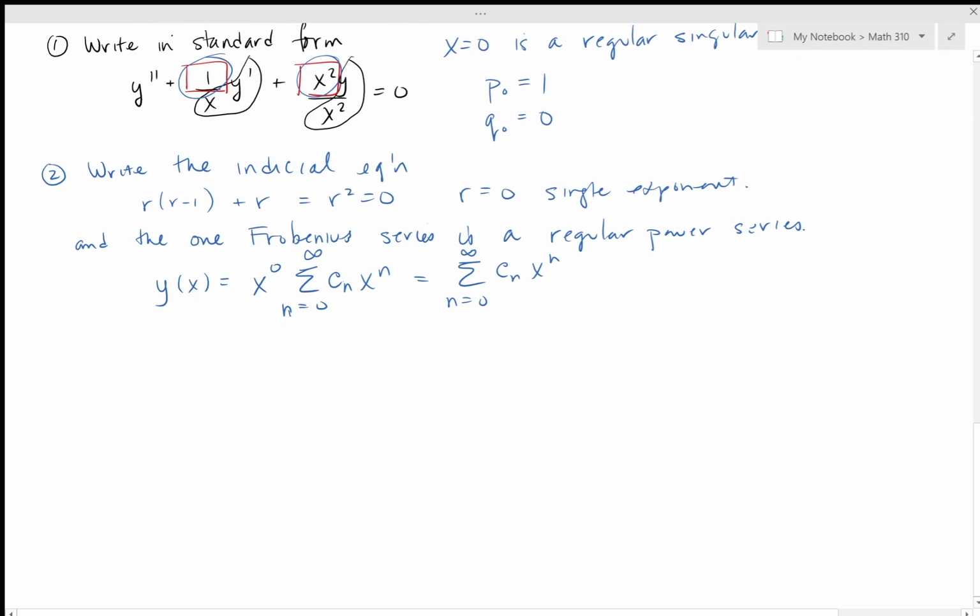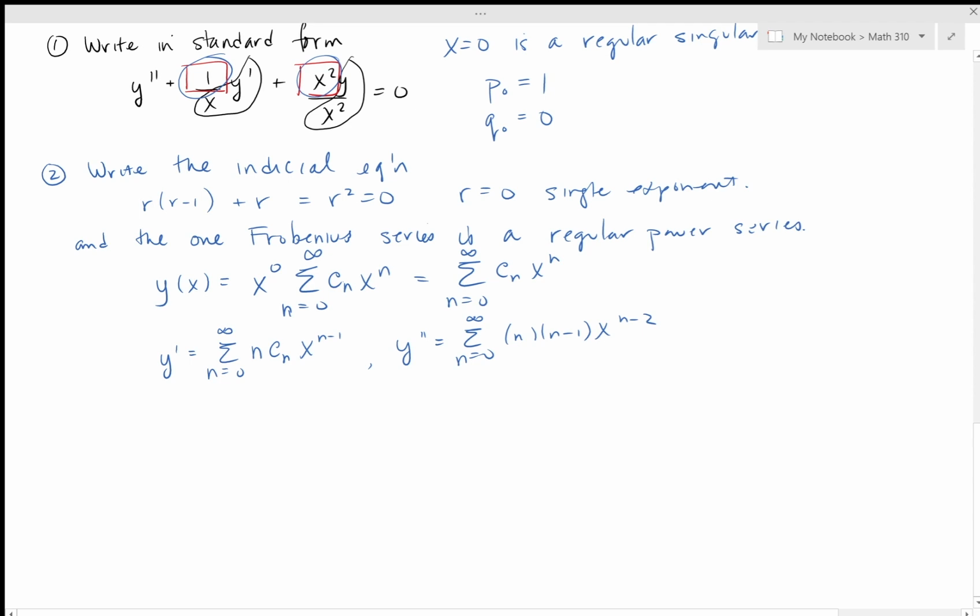Then I do what I have done numerous times before. I take the derivative and I get the sum from n equals 0 to infinity of n Cn x to the n minus 1. I take the second derivative and I get this: n times (n minus 1) x to the n minus 2.